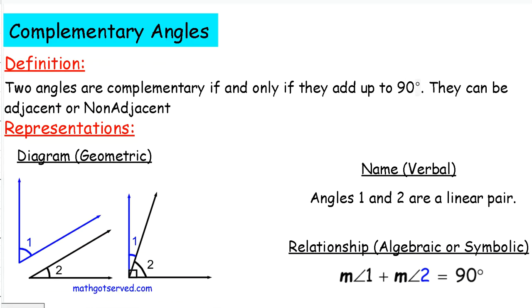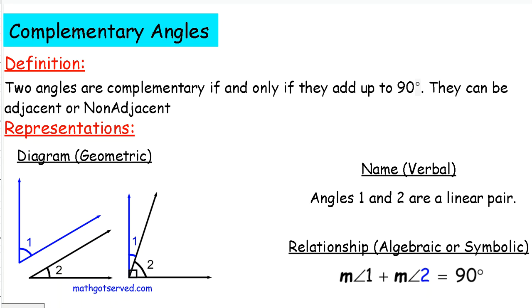All right, the next definition are complementary angles. Now, what are complementary angles? Well, the definition is as follows. Two angles are complementary if and only if they add up to 90 degrees. Okay, so you need to remember the difference between complementary and supplementary.